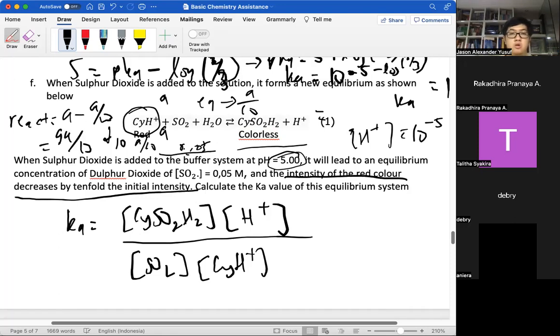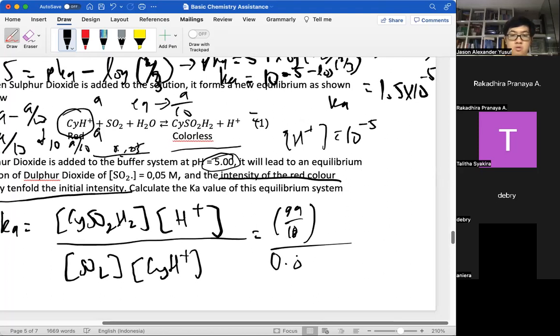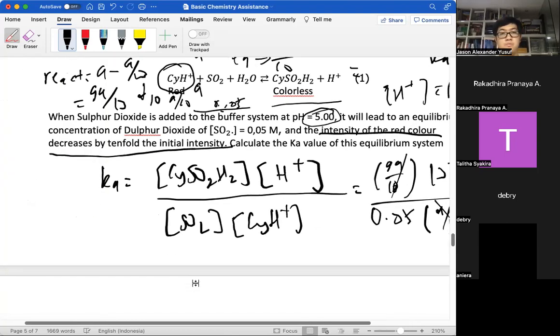So the concentration of CySO2H2 is 9A over 10. So this is 9A over 10 over 0.05 times 10 to the power of -5 A over 10. And if you were to calculate that value, we can cross out A over 10, by the way. And you will get 1.8 times 10 to the power of -3. So that's the value that you will get.